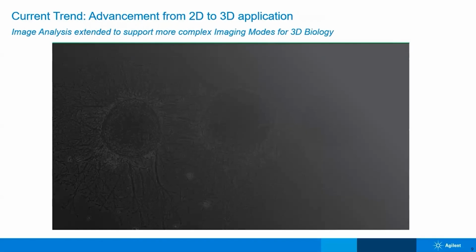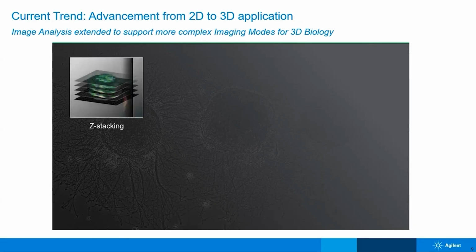Now, everything I've talked about up until now has really been about a static two-dimensional image. But there's been a huge trend moving from 2D to 3D applications. So our image analysis algorithms have had to extend and expand to support more complex image capture methods.